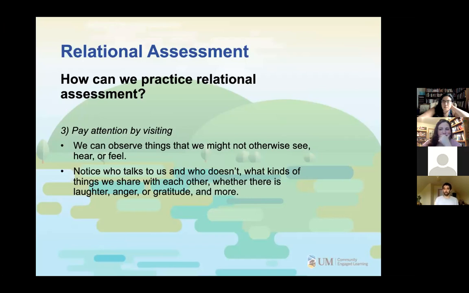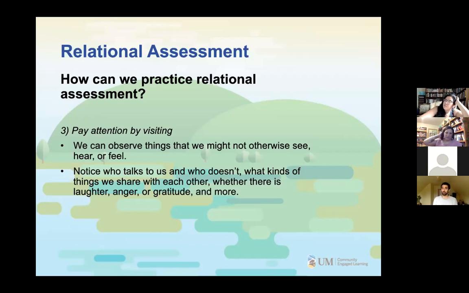The other thing that we need to do is to pay attention to our interactions in community by visiting. This was one of the things that a lot of Indigenous practitioners remarked on during the consultations: the importance of visiting as a practice of assessment. When we visit with the community, and by visiting, I don't mean having a work meeting, right? A work meeting is different than just going to visit with someone. When we go to visit with someone, we notice things that we otherwise wouldn't see, hear, or feel in a formal meeting.